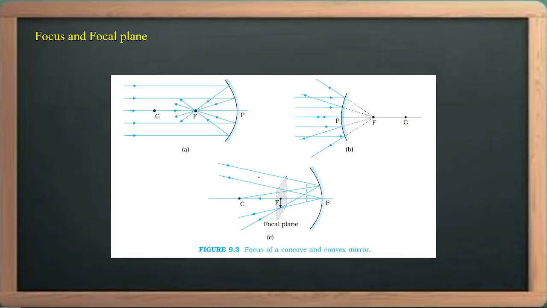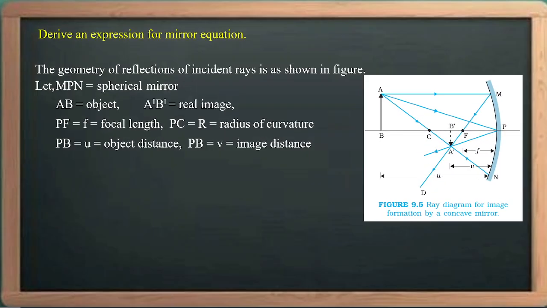Then we have the mirror formula. So what is mirror formula? 1 by f is equal to 1 by v plus 1 by u.